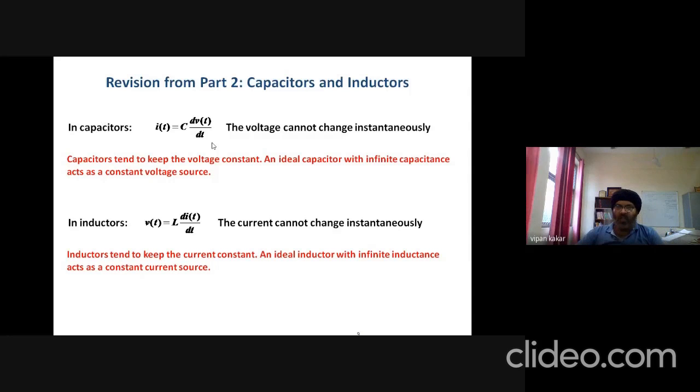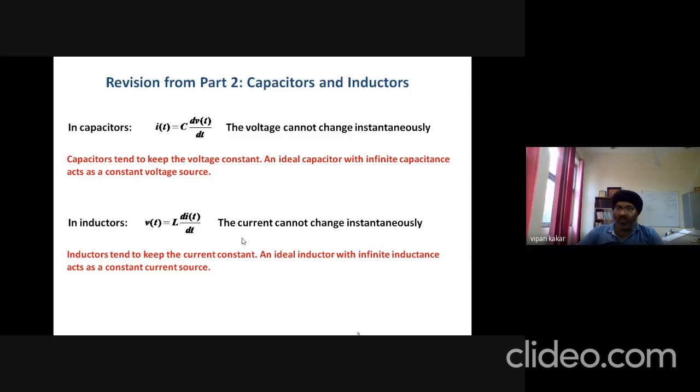Capacitors tend to keep the voltage constant for a finite amount of time, because instantaneously they cannot change. So for some part of the time, they try to keep the voltage constant. And if we have an ideal capacitor, then it is as good as a constant voltage, just like a battery.